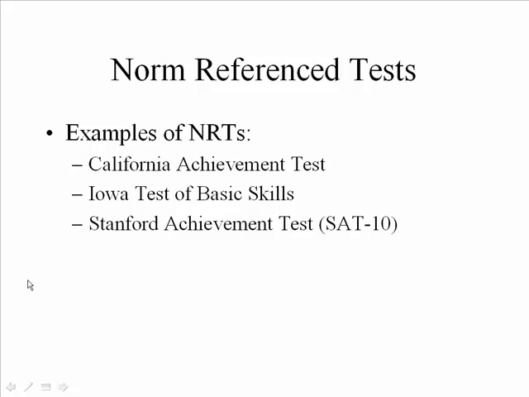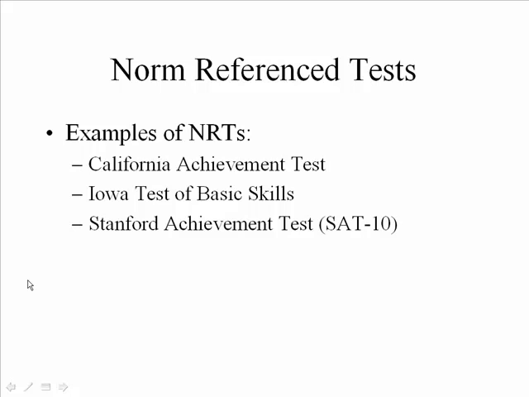Now, even though norm reference tests will generally end up reporting things like percentiles, it's not uncommon for the score report to also indicate, for example, how many questions they did get correct within each of the subcategories.